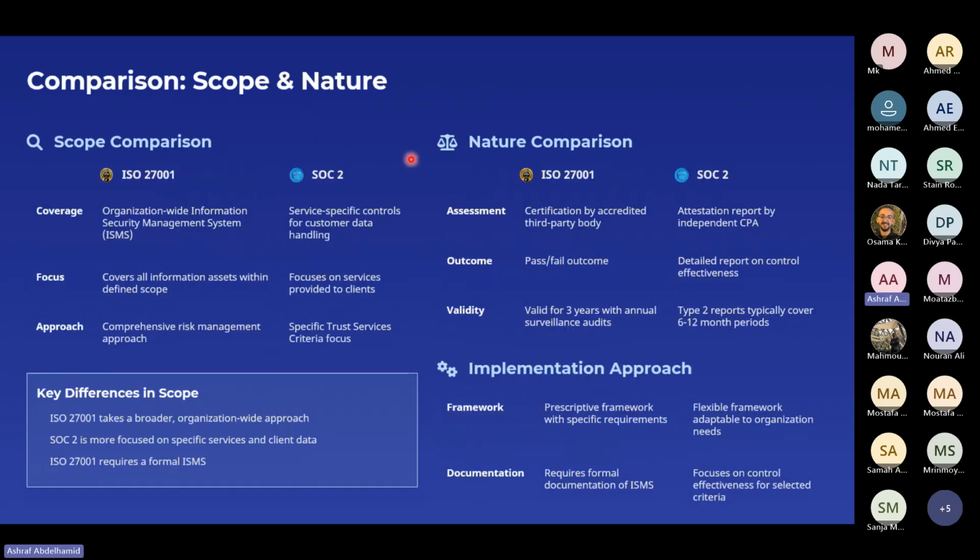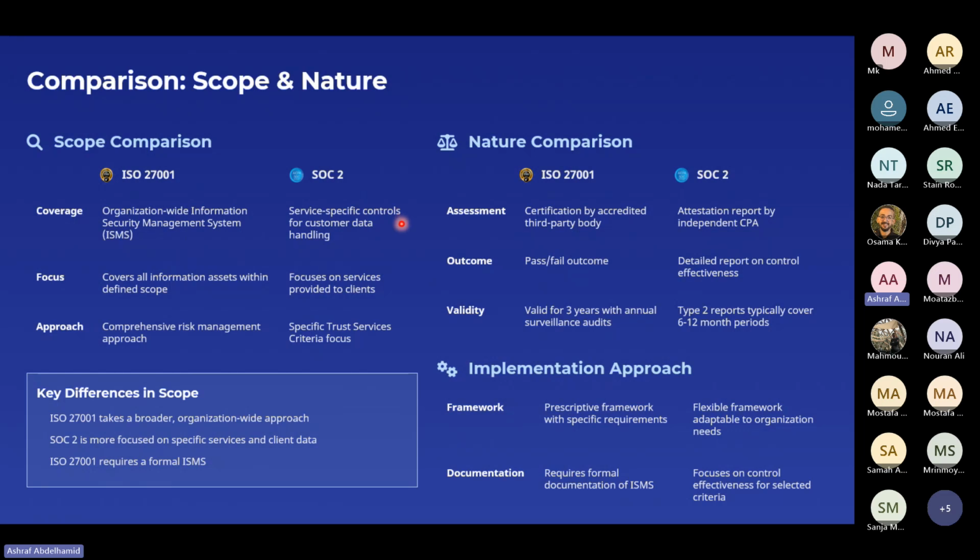Okay, so let's look here at a brief comparison of ISO 27001 and SOC 2. When we look at the scope, as I was saying, ISO 27001 is org-wide. We look at the controls across the organization, the information security management system for the entire organization. But SOC 2, as I was saying, is a service organization control, focusing on customer data handling.